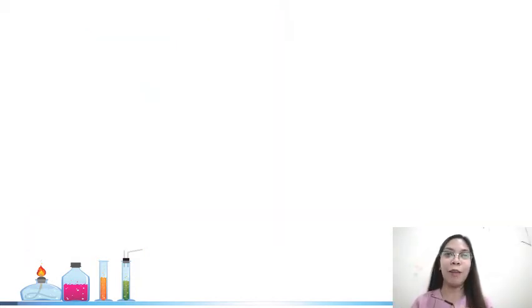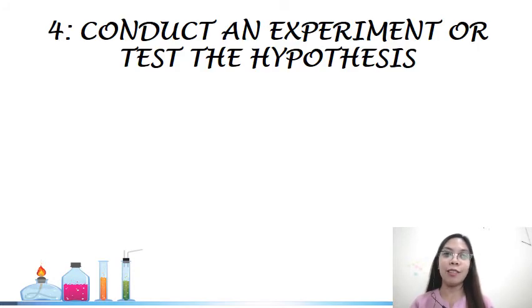So now that you have your predictions or your hypothesis, the next step of the scientific method is to test if those predictions are correct or not. So ito po yun siya yung next step na natin. So when you do the next step, you must understand the different variables that you need to manipulate in order to get the results that you want. So ano nga ba yung mga variables?